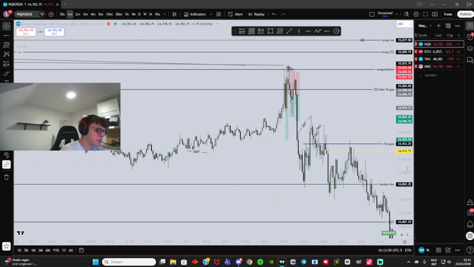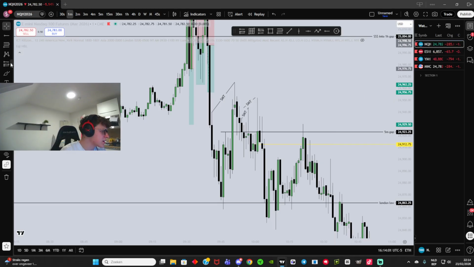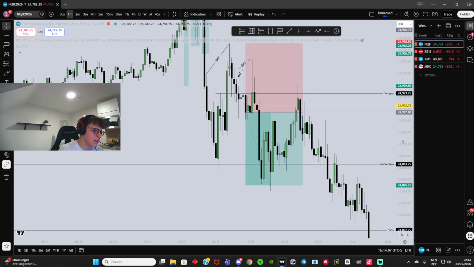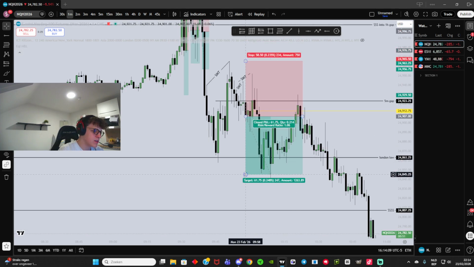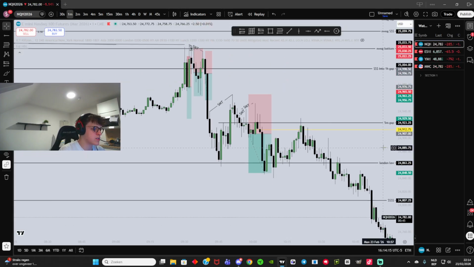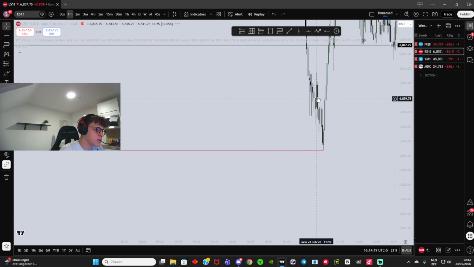There was also a pretty decent short right here, but it was quite tough because ES was so not correlated. So it was really tough to play this short for a 1-to-1. It was a tough short, but you could have taken this. I like this in the moment, even though ES was way lower.